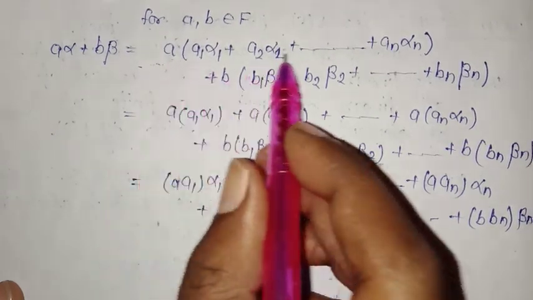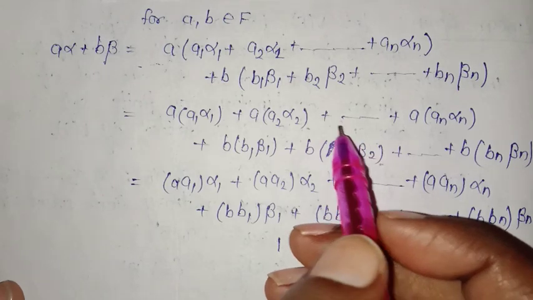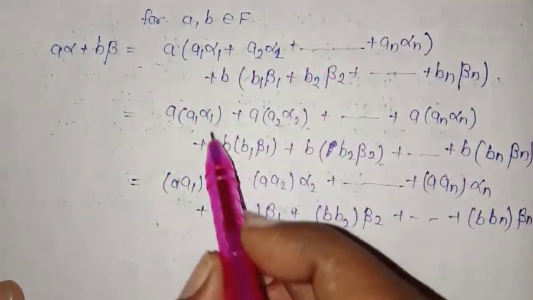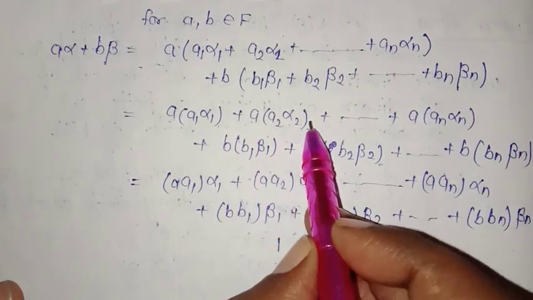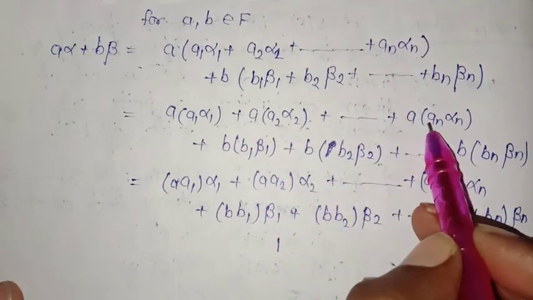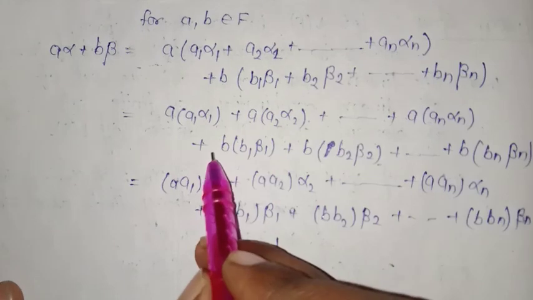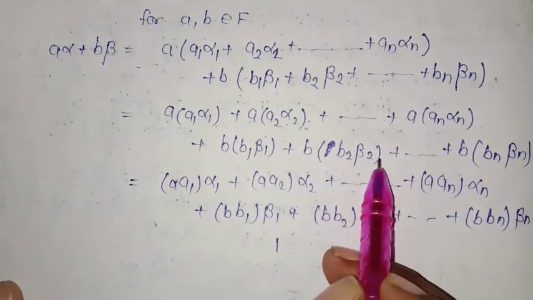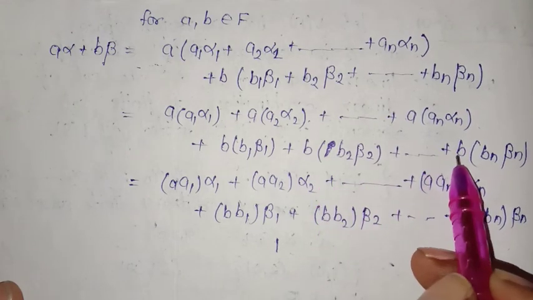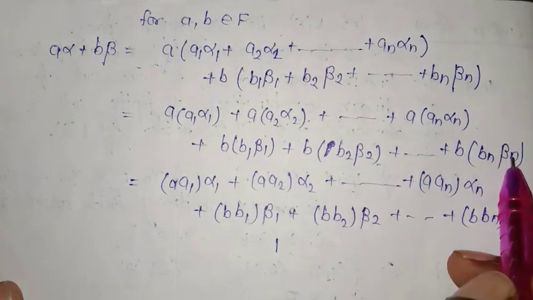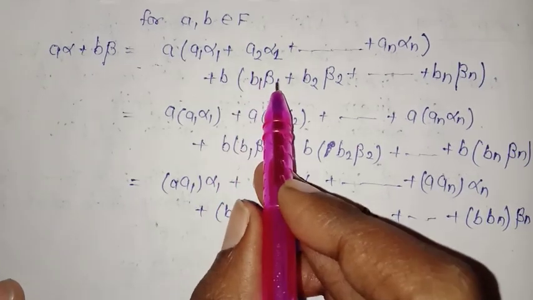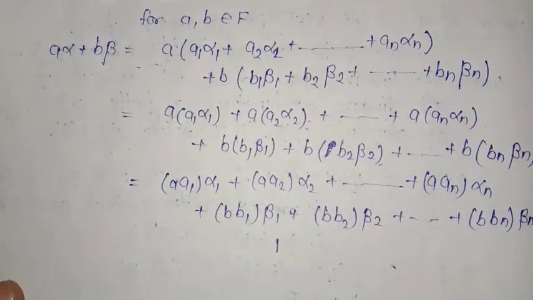This is nothing but the distribution property of a vector space, so I am distributing A over alpha. So this becomes A a2 alpha 2 plus ... plus A an alpha n, plus B b1 beta 1 plus B b2 beta 2 and so on, B bn beta n. That is, we are applying B over b1 beta 1 plus b2 beta 2 and so on.